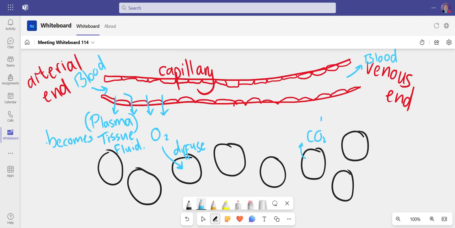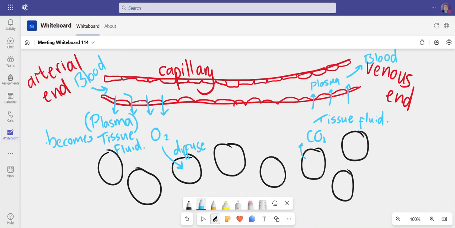The carbon dioxide dissolves in the tissue fluid, and at the venous end, that tissue fluid gets forced back into the capillary, and once it's gone through, it's then called plasma again.